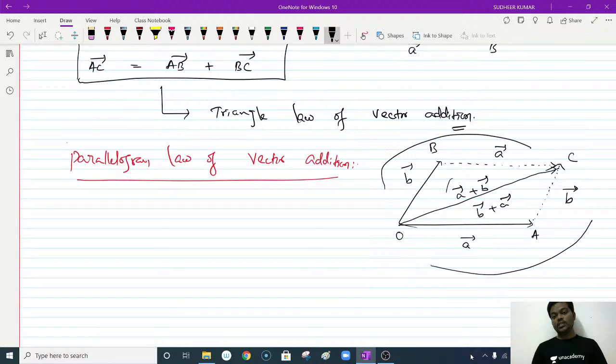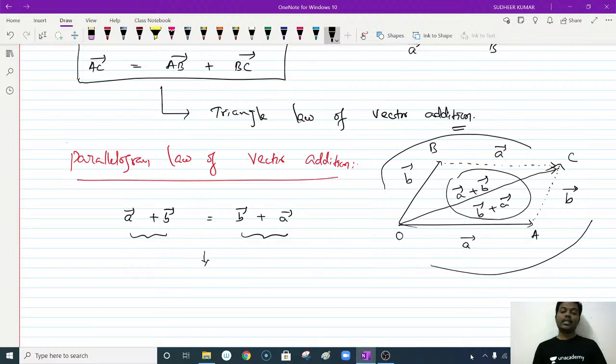So by using these two conditions, we can write vector A bar plus vector B bar equals vector B plus vector A. So when the sum of two vectors is the same in any order, we say that it satisfies the commutative law of addition, right? The commutative property of addition.